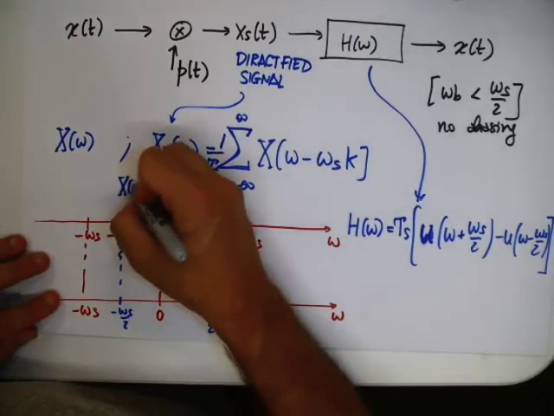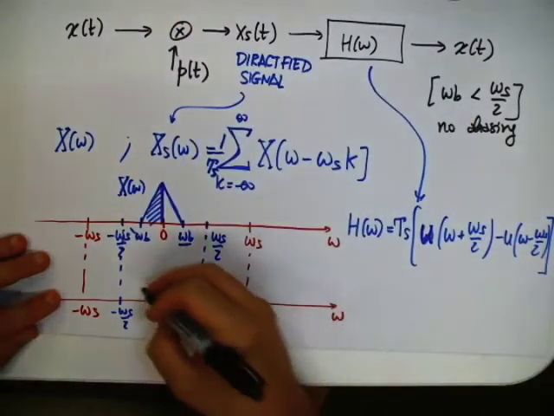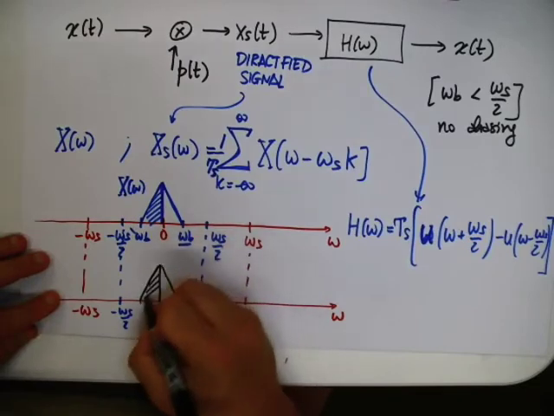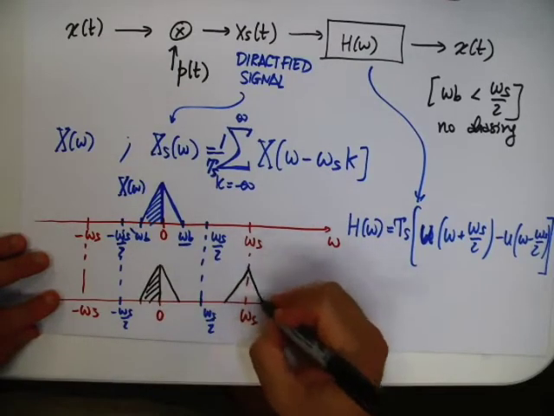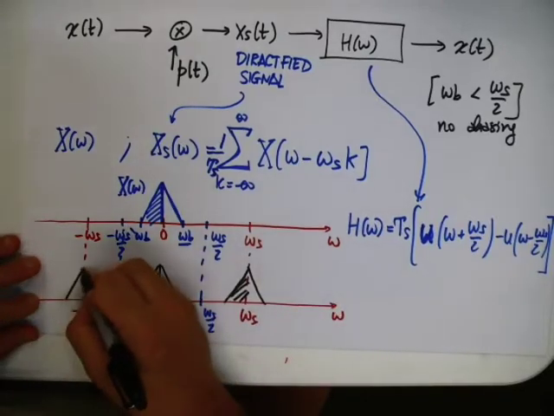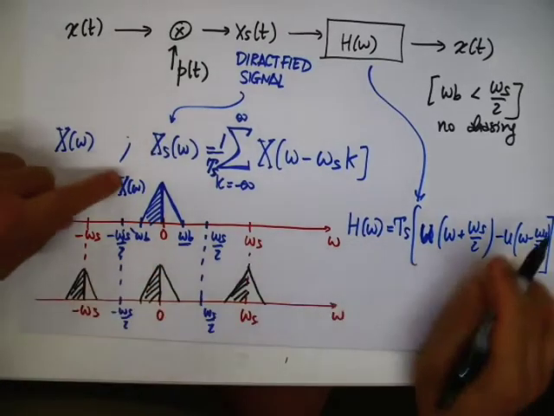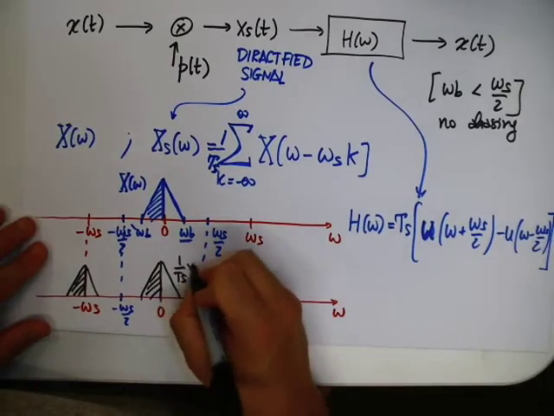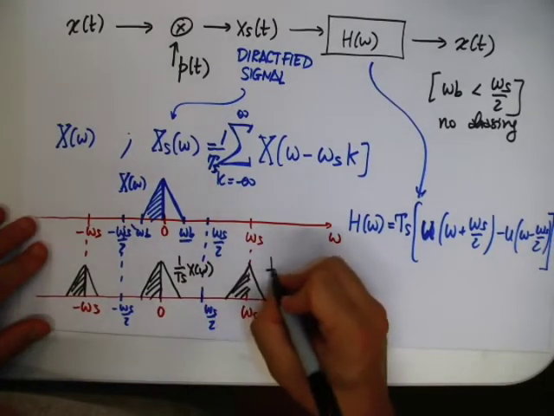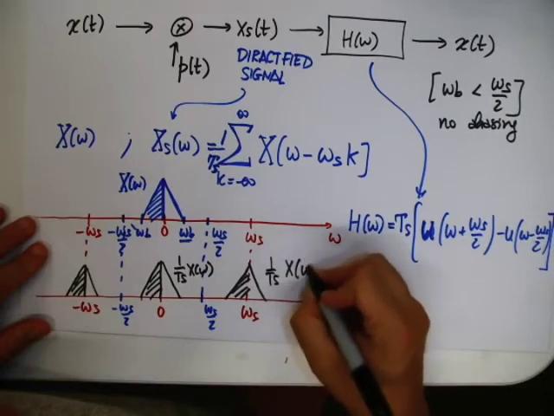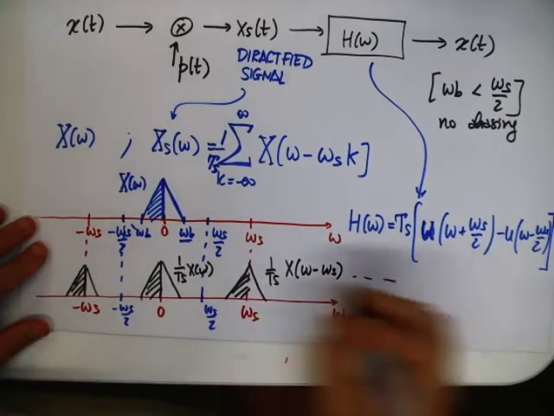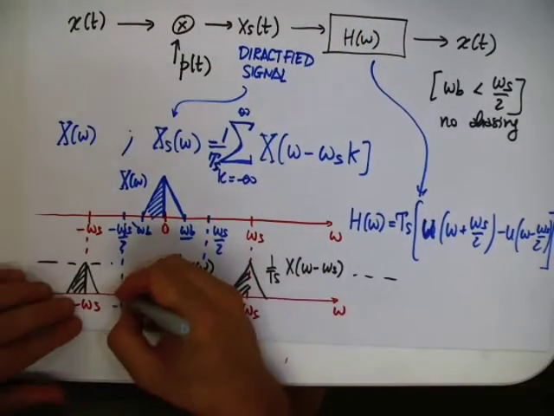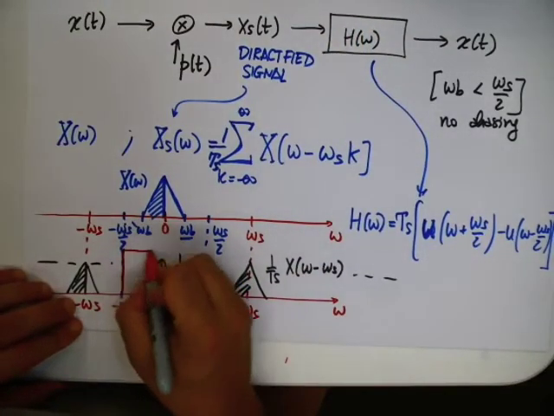This is the x of omega. Then the spectrum of xs of omega is given by multiple copies of the original spectrum. So basically 1 over ts x of omega, 1 over ts x of omega minus omega sub s, and so on. And then the filter that we want is simply given by this.